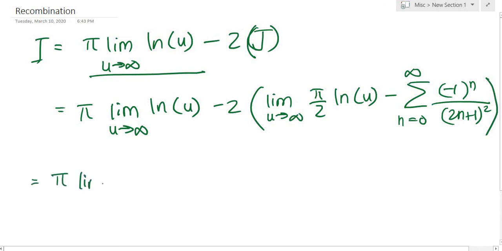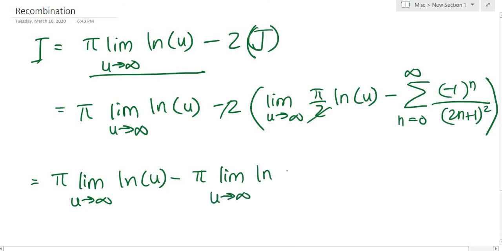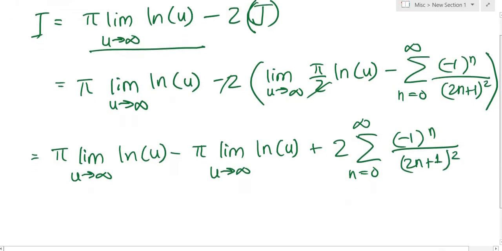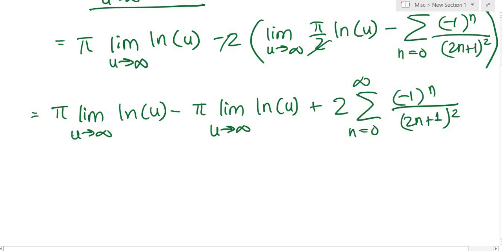So we have pi times the limit as u goes to infinity of the natural log of u, and when you multiply, the 2 and the 2 cancel out. We have minus pi times the limit as u goes to infinity of the natural log of u plus 2 times the sum from n equals 0 to infinity of minus 1 to the n all over 2n plus 1 squared. And now the great drama is all about cancelling these terms, because positive and negative, right?